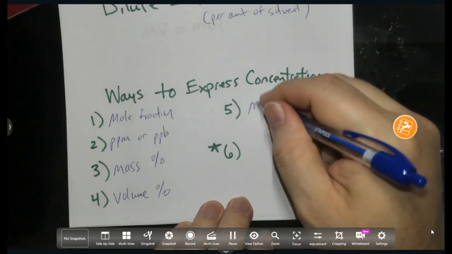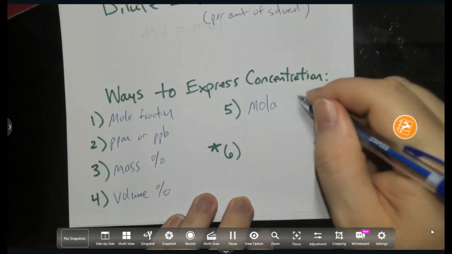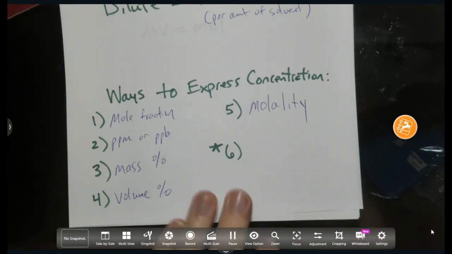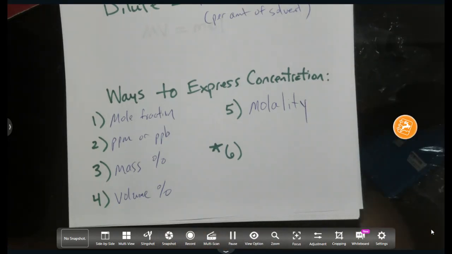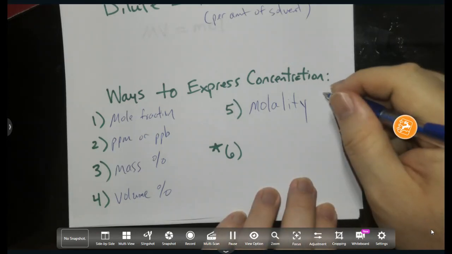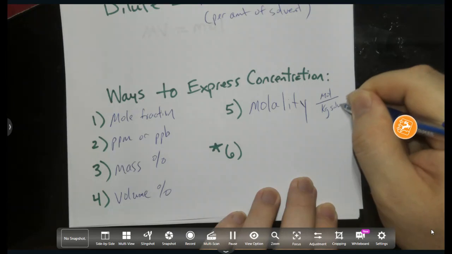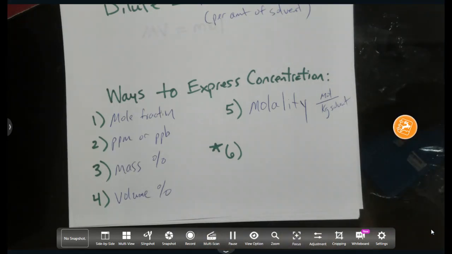And then some more application specific ones. Here's one that we're not going to do very much of, molality. It has an application for what we call colligative properties, and so those are kind of a standalone unit. We don't do those every year, but molality is moles of solute over kilograms of solvent, so a little bit different type of thing.